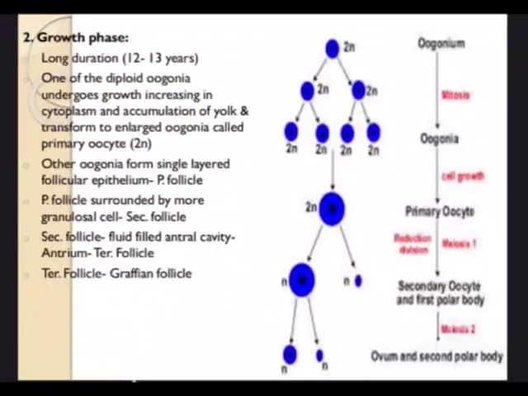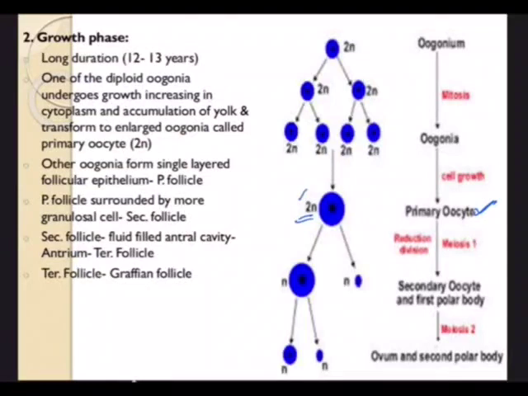In the second one, the growth phase, it is a long duration, 12 to 13 years. One of the diploid oogonia undergoes growth, increasing in cytoplasm and accumulating yolk, and transforms into an enlarged oogonium called the primary oocyte. This is the second one, the primary oocyte. Also see the size and observe the number of chromosome sets, 2, diploidy.